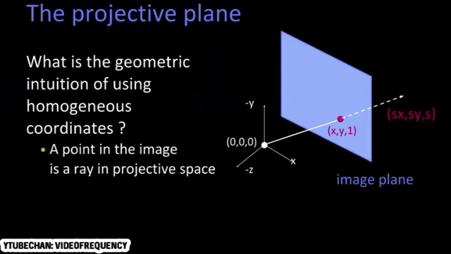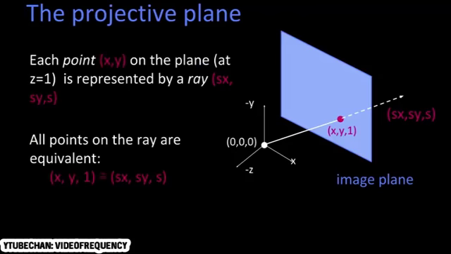All right, so why projective geometry? And we're going to show you some of the math. What is the geometric intuition of using homogeneous coordinates? Basically, a ray in space is mapped to a point in the image. Here you see a ray that intersects the image plane at z equals 1. Every point x, y on the image plane at z equals 1 is represented by this ray.